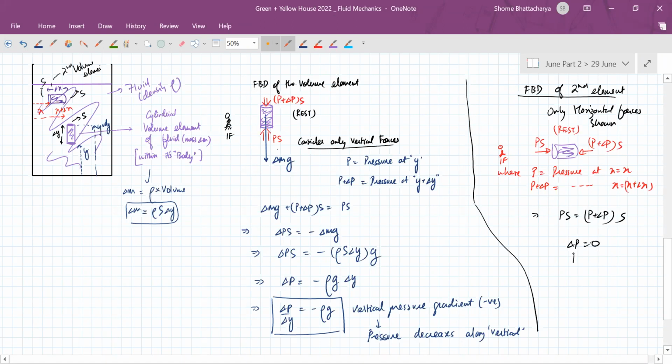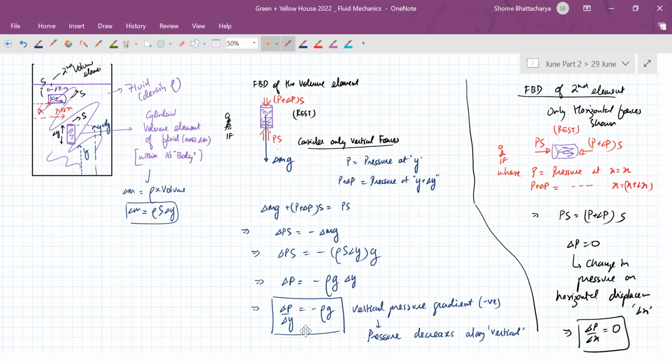Now this delta P is the change in pressure on horizontal displacement of delta x. So that is what is showing us that delta P by delta x is 0. Whereas this is what is showing us that delta P by delta y is a negative quantity.